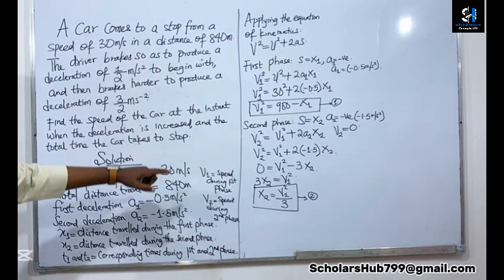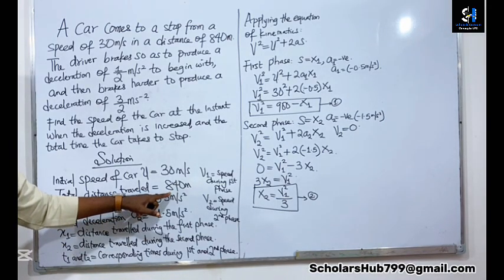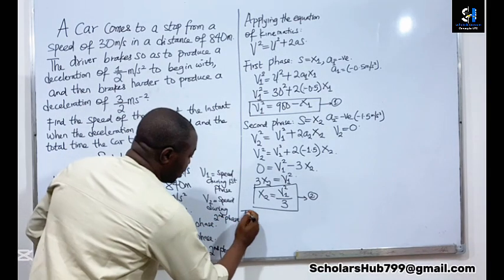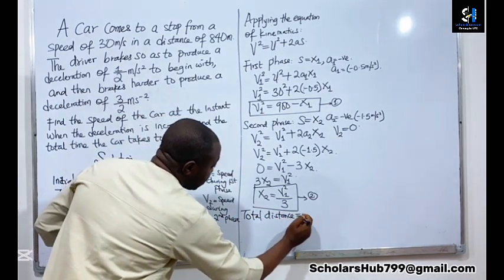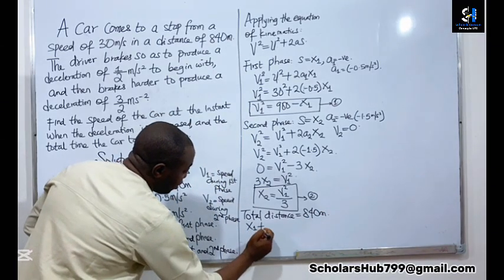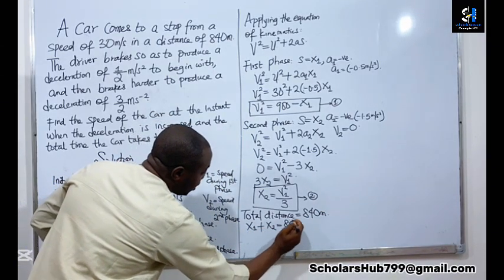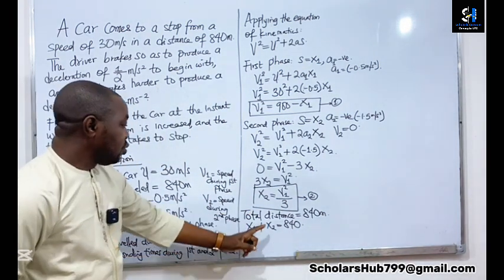Now let's go back to what we are given as the total distance. The total distance traveled is 840 meters. So we know that x1 plus x2 equals 840.